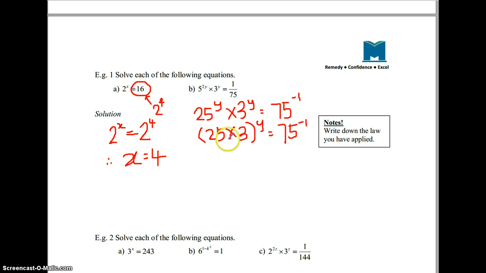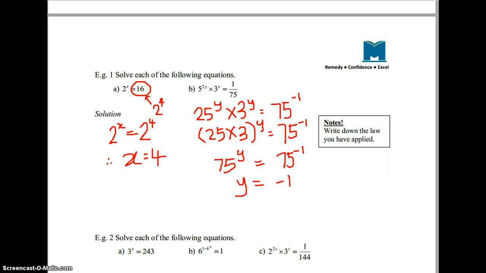Based on law number 4, you can then combine these together. Then it will get 75 to the power of y is equal to 75 to the power of minus 1. So if you were to compare both sides of the equation, you realize that they share the same base, and therefore y is equal to minus 1.